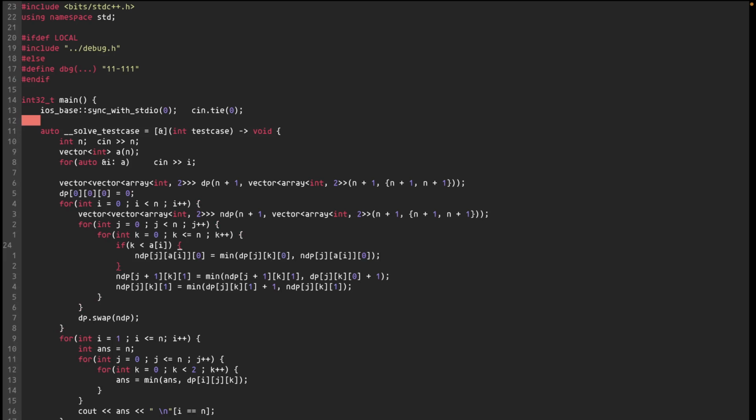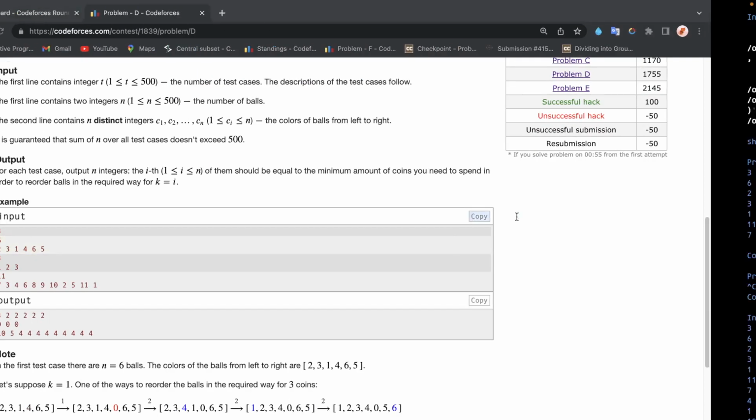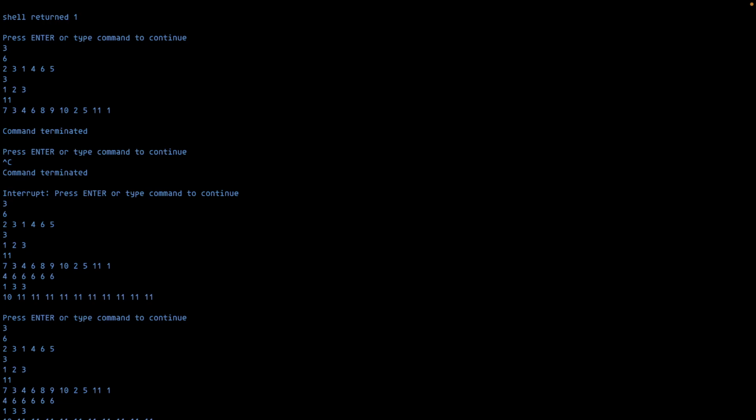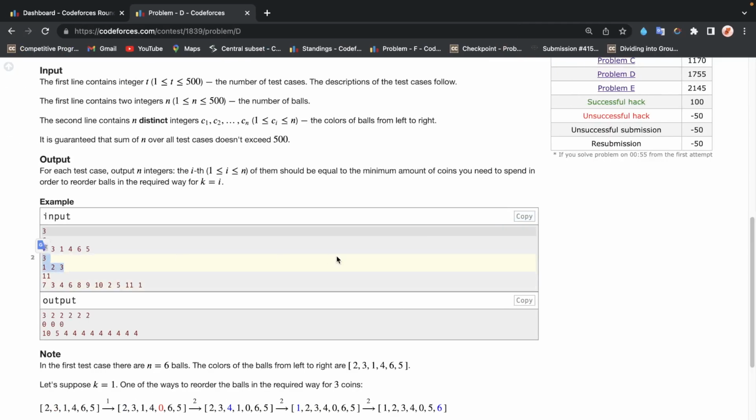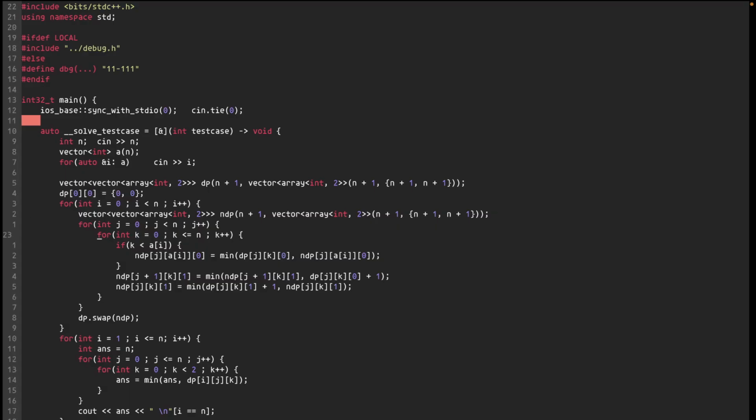Okay, so new DPS 00 was 0. I don't even know at this point why it is wrong. Why it is so wrong. Like this is not even wrong at this point. Lol.